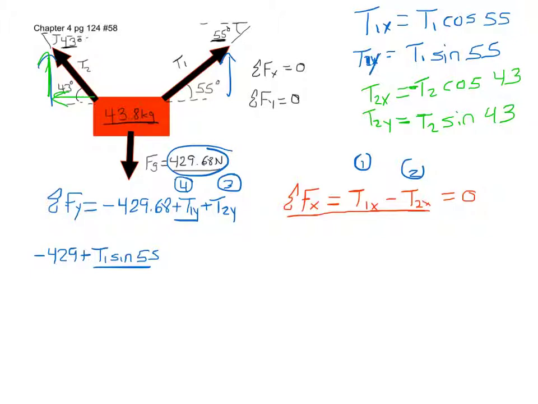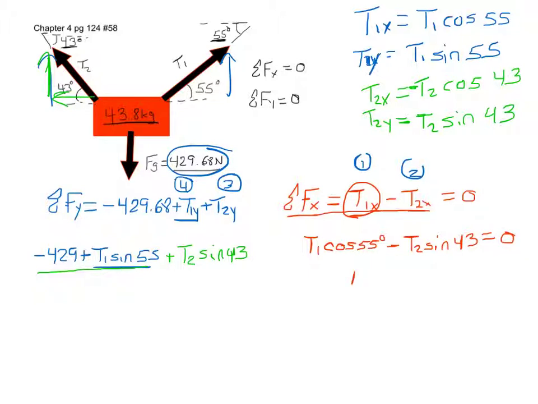So when we plug that in, we get negative 429 plus T1 sine of 55 plus T2 sine of 43. And then our Fx is going to be, instead of T1x, we're going to say T1 cosine of 55 minus T2 cosine of 43 is going to have to equal 0. That means T1 cosine of 55 equals T2 cosine of 43.